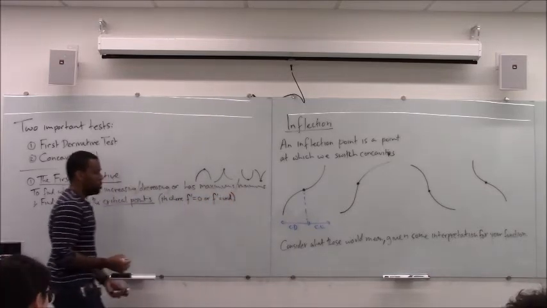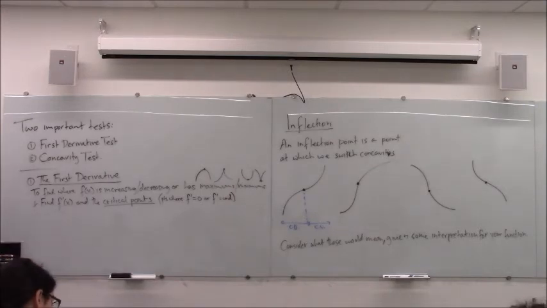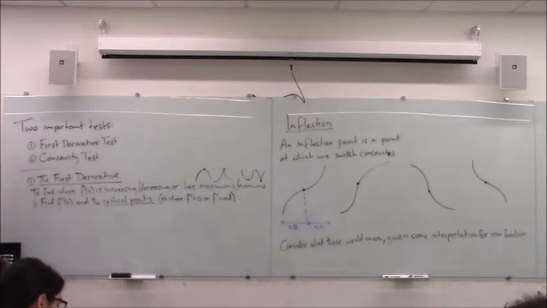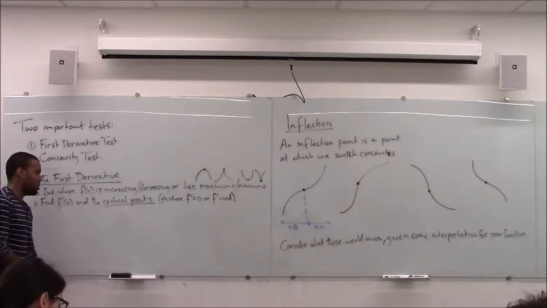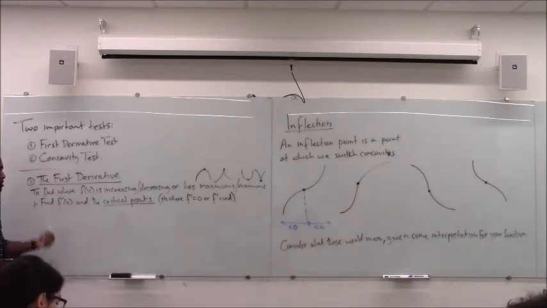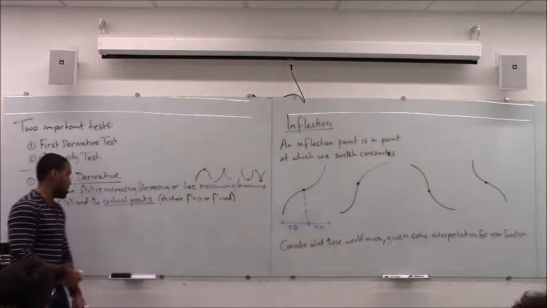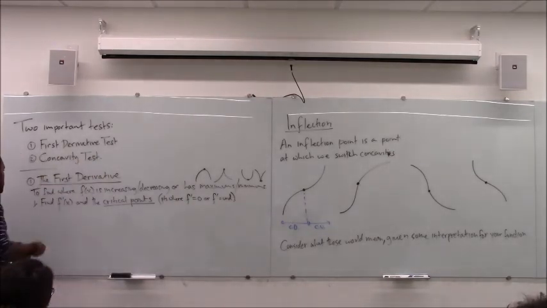You need to identify where my derivative is equal to 0 or where it is undefined. I'll talk a little bit more about why these two points are important in a bit. So find the first derivative and then figure out when it is 0 and when it is undefined. These are going to be critical points.